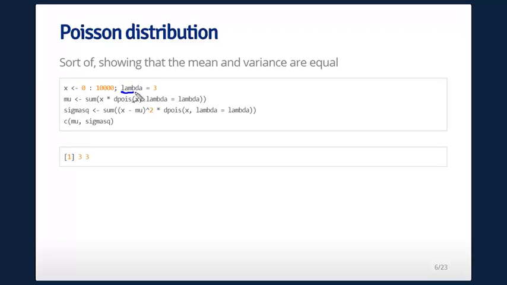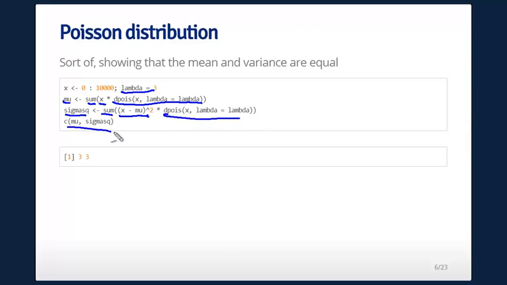You plug in whatever lambda value you want, and our mean is just the sum of the x values times the mass function values. My sigma squared is just the sum of the squared deviations around the mu value times our mass function values.